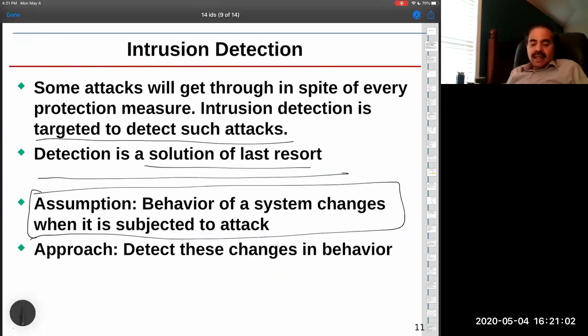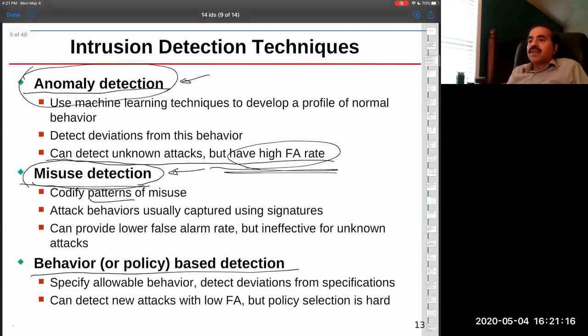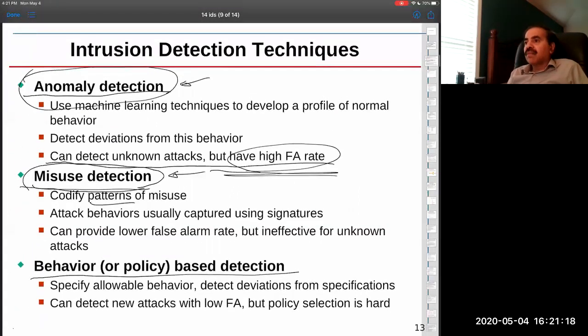So again, you're not saying that the behavior is going to change in every way, but there will be at least some changes. And so if you are monitoring a wide range of features associated with the system, then you should be able to detect attacks, right? So as a practical matter, detecting attacks is quite easy with anomaly detection.